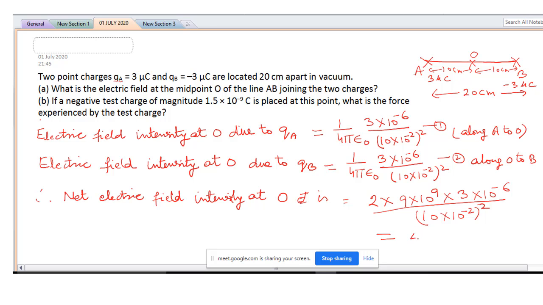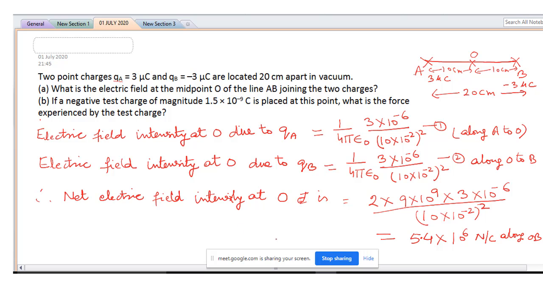After solving you get 5.4 into 10 to the power 6 Newton per coulomb along OB. Clear?